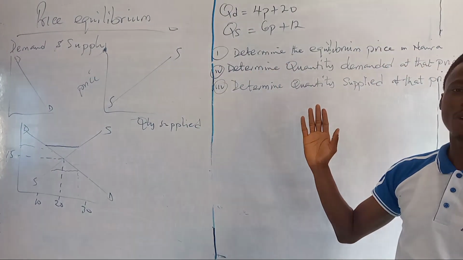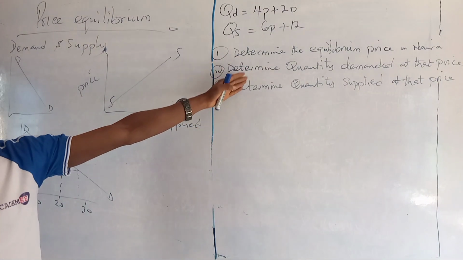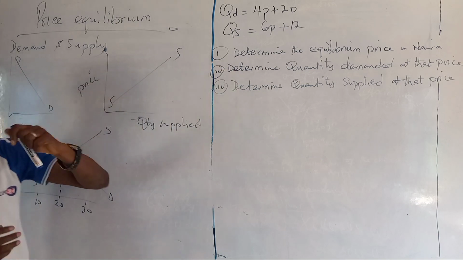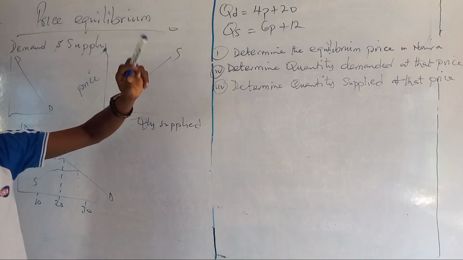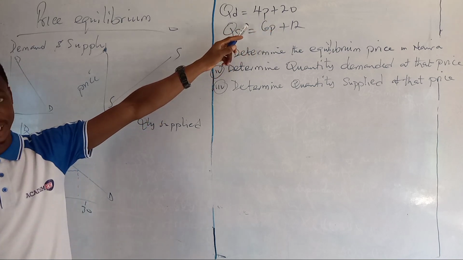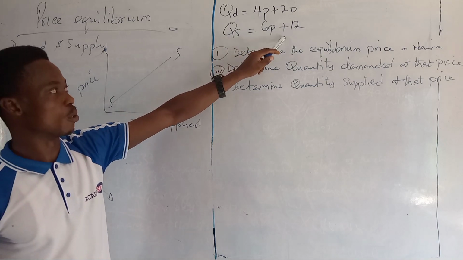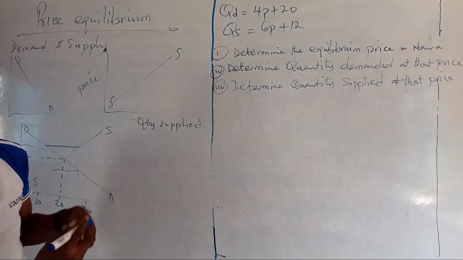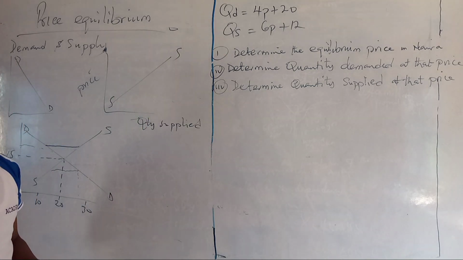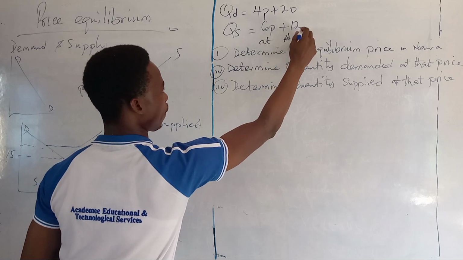Then we look at the equations that go with the two curves, the demand curve and the supply curve. Here we have quantity demanded as 4p plus 20, where P stands for price, and quantity supplied as 6p plus 12. Now, we want to know the quantities at 4 naira.